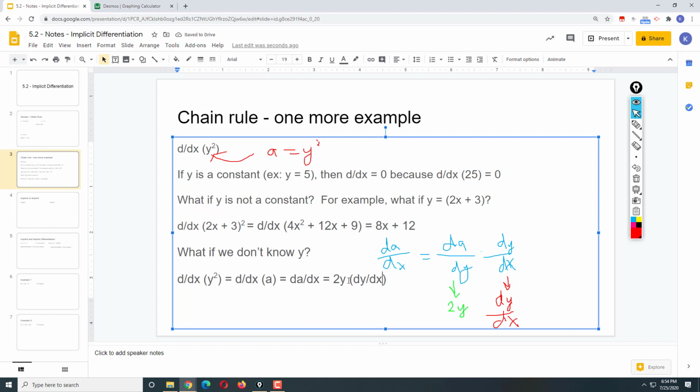But remember, dA over dx is the same as d over dx of y squared. In other words, we have already finished our calculation. We have found that the derivative of y squared with respect to x, for any y, is equal to 2y times dy over dx. That's what we get from the chain rule.